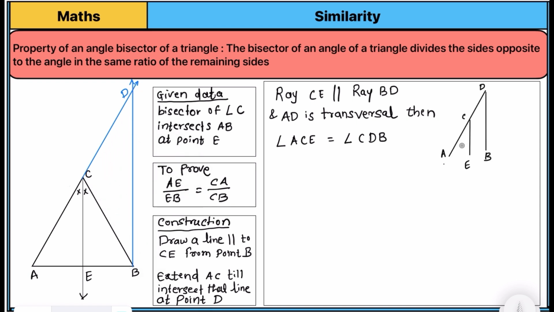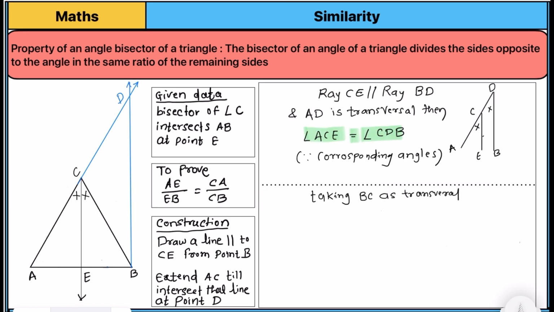Let me make it easy for you. I have drawn AD as transversal separately here, and CE and DB separately. Now you can see, if we consider AD as a transversal, then angle ACE is equal to angle ADB, because they are corresponding angles.